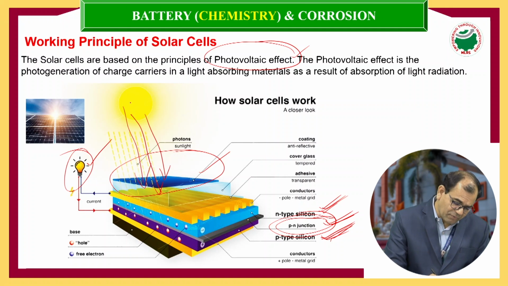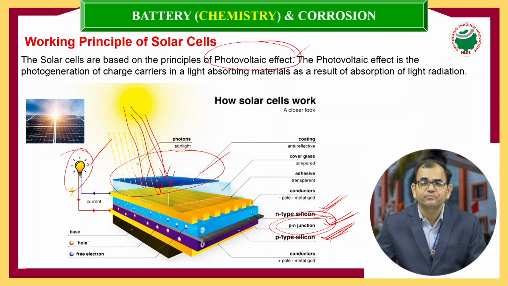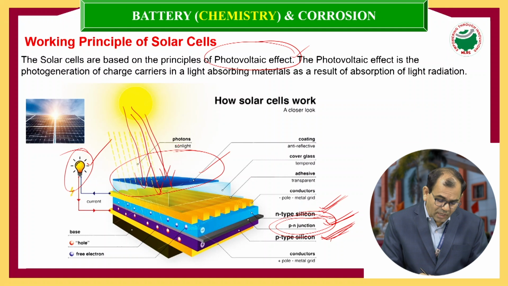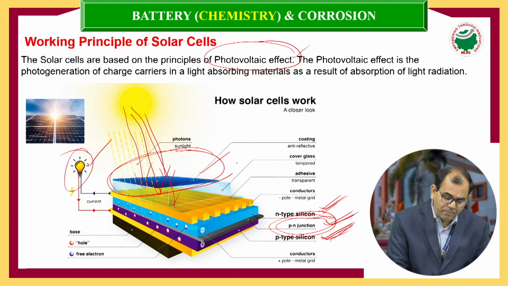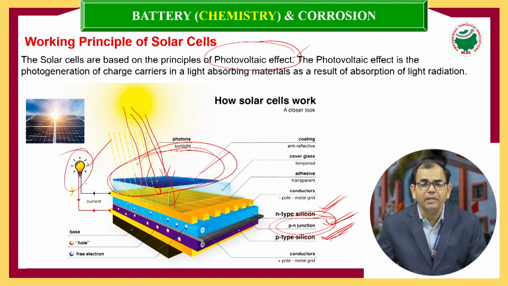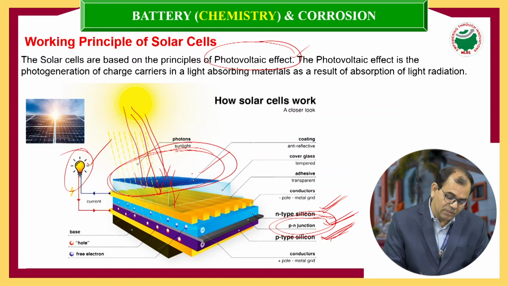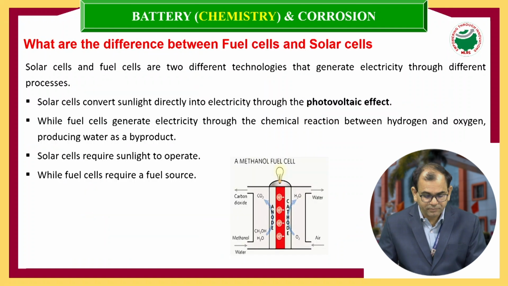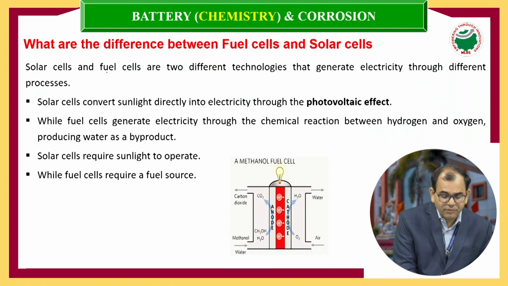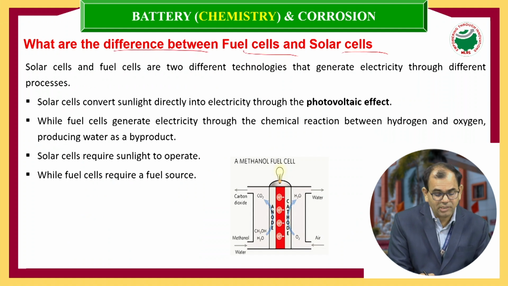Whatever sunlight falls on this bluish panel, that photon should be completely absorbed. That is why some sodium polymer based coating is done on the solar panels to avoid the loss of photons.